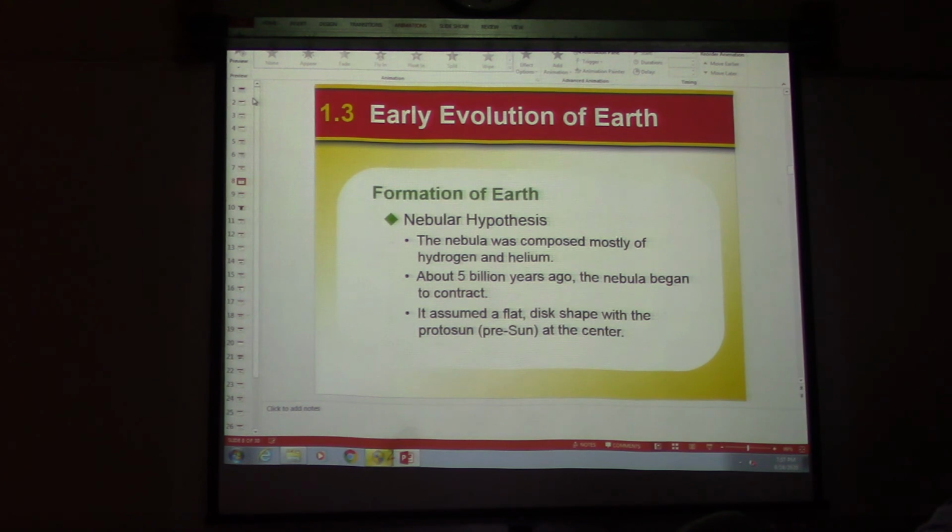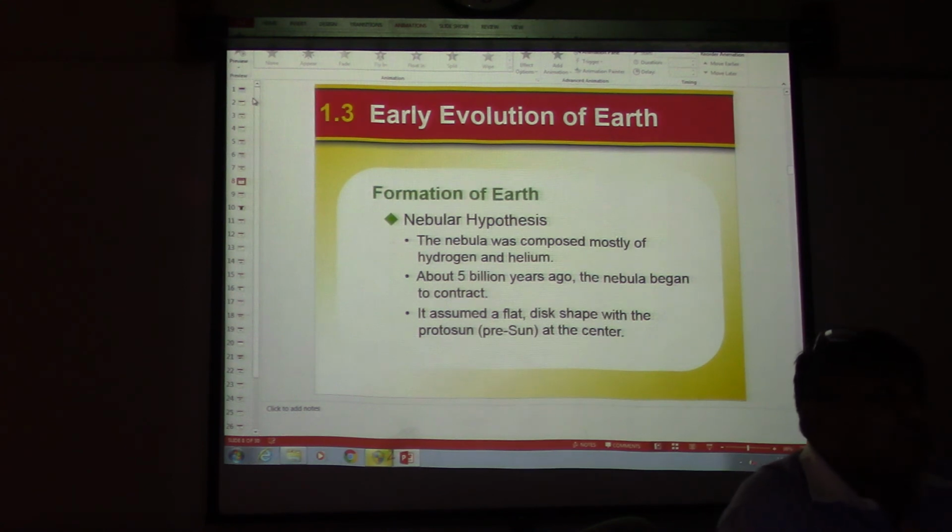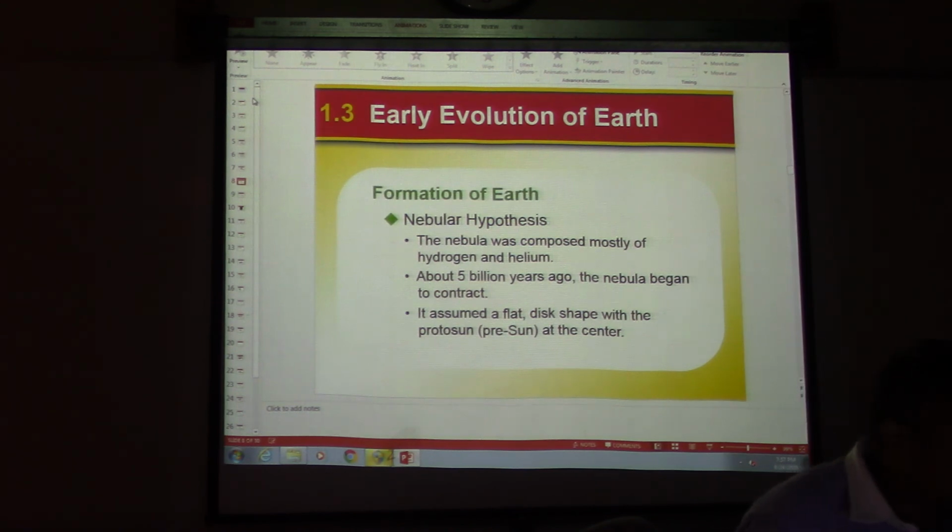That's important. It says repeated collisions caused these masses to coalesce into larger asteroid-shaped objects. So what happened? The small molecules collided with each other, started becoming bigger and bigger, and gave rise to larger asteroid-shaped objects, and these are called planetesimals.